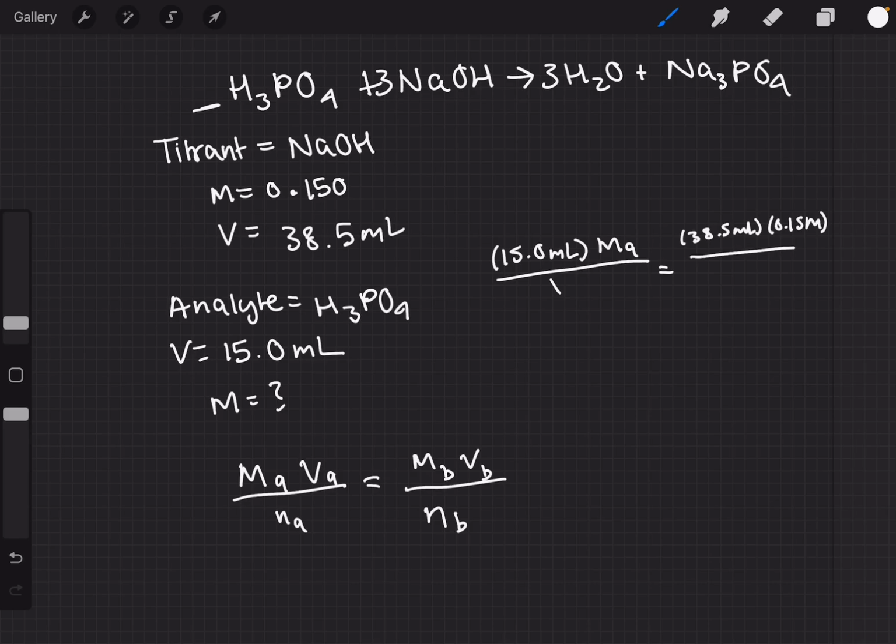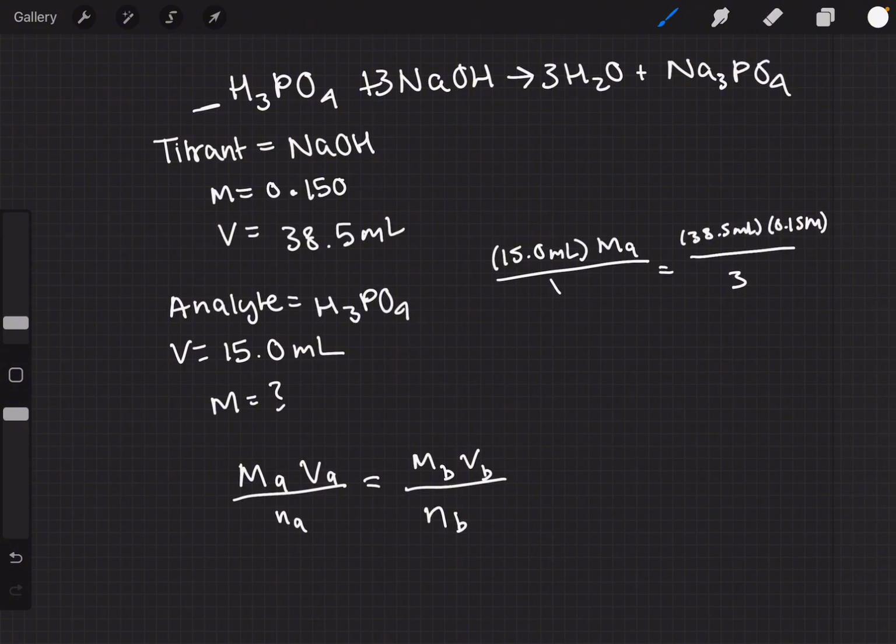Kind of leaving out sig figs here, but again, make sure you pay attention to that on the test. And then we had 3 moles of this. This has to do with for every 1 mole of phosphoric acid, you need 3 moles of sodium hydroxide to react with it to neutralize. So that's where that comes in.